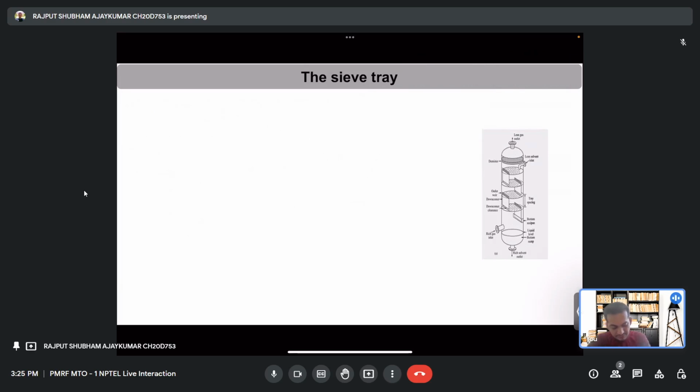So this is the simplest type of tray. As you can see, this is a sieve tray, which has been mentioned in the column. It is the simplest type of tray in which the bubble caps are replaced by holes.